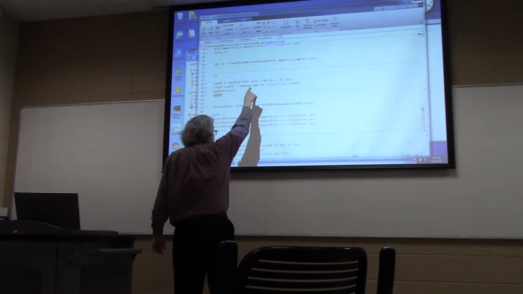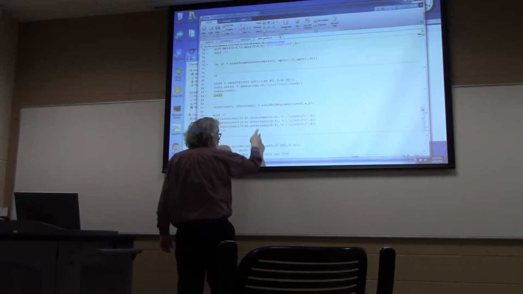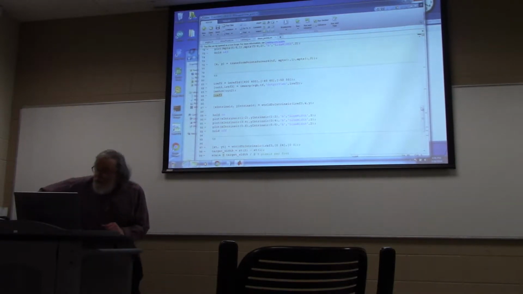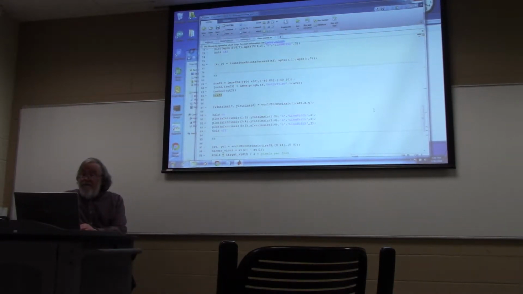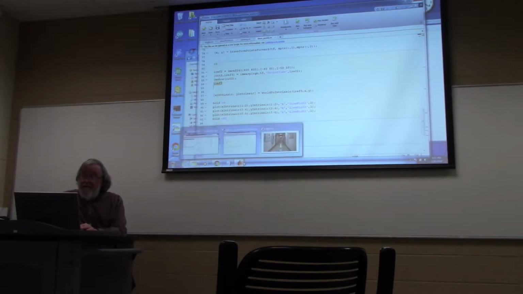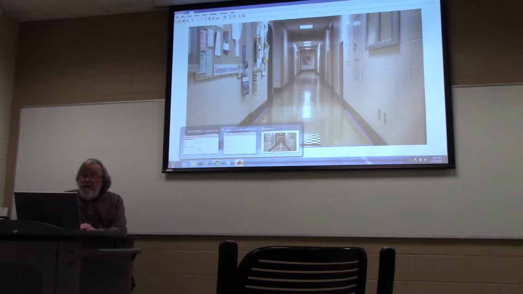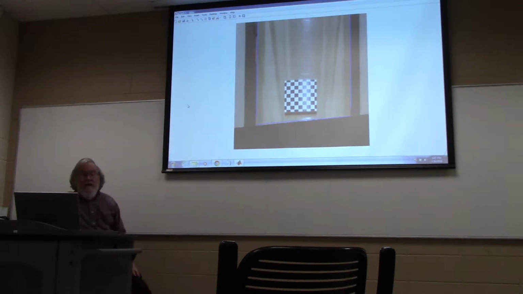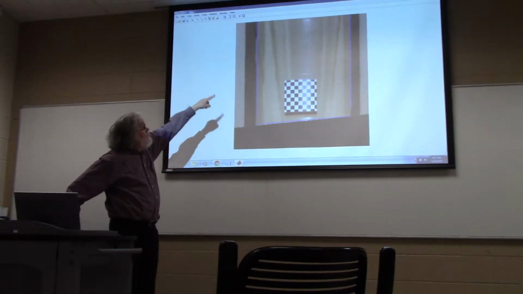Okay, so transform points forward, do the world to intrinsic, and then we can overlay that on the transformed image, which will produce, there it is. Okay, so if we look at that, there's the lines going along the hallway.